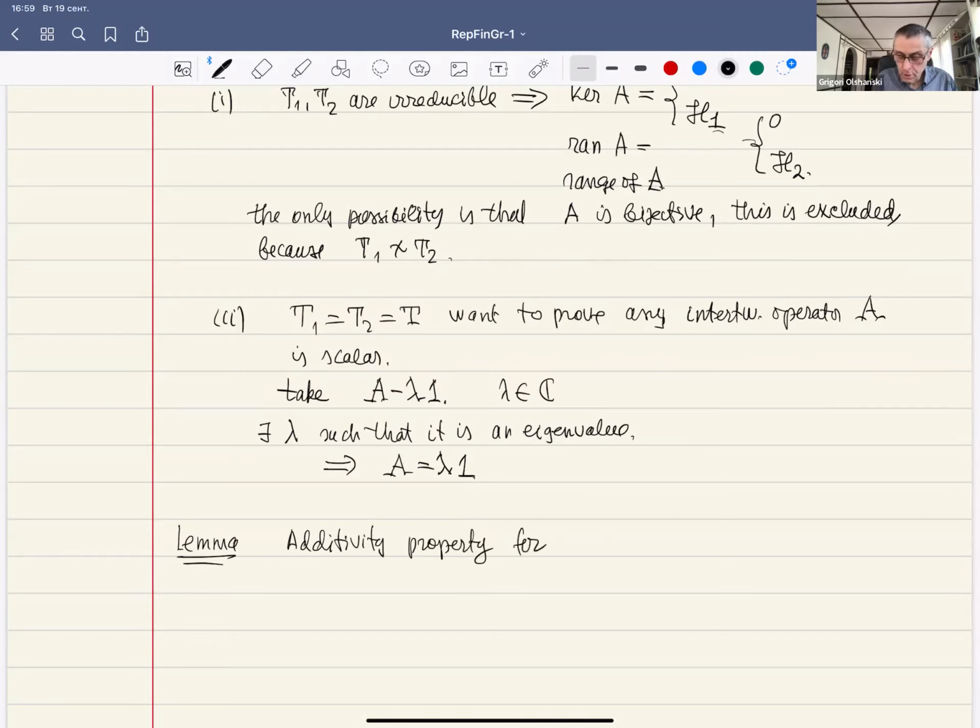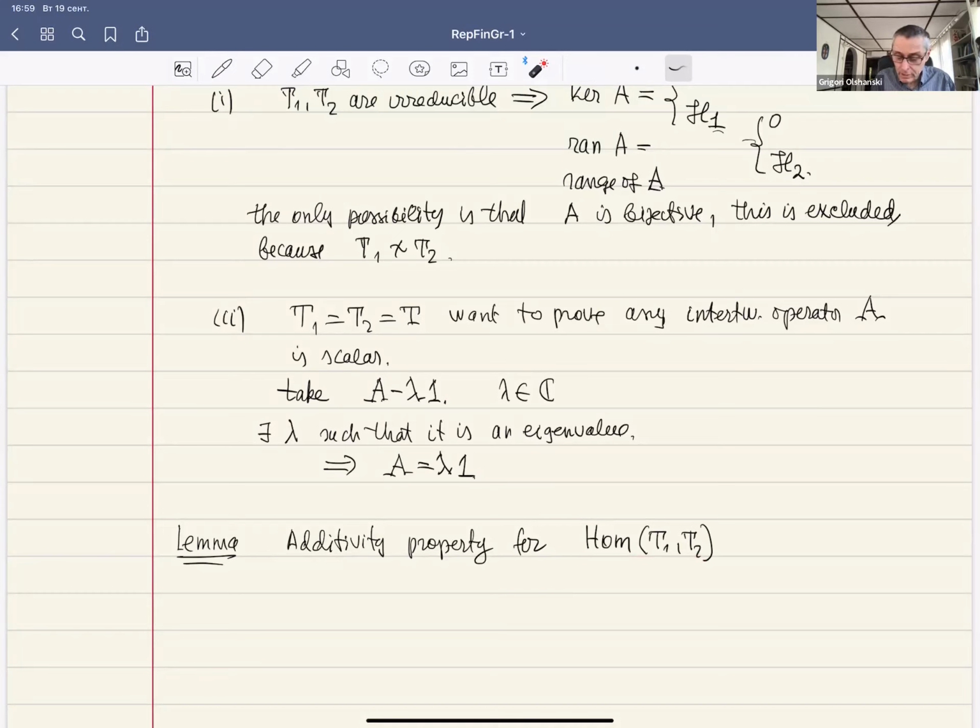For this space, the space of intertwining operators, I recall that this object is a vector space. I claim that one can say this is a functor, but I don't want to use this terminology.